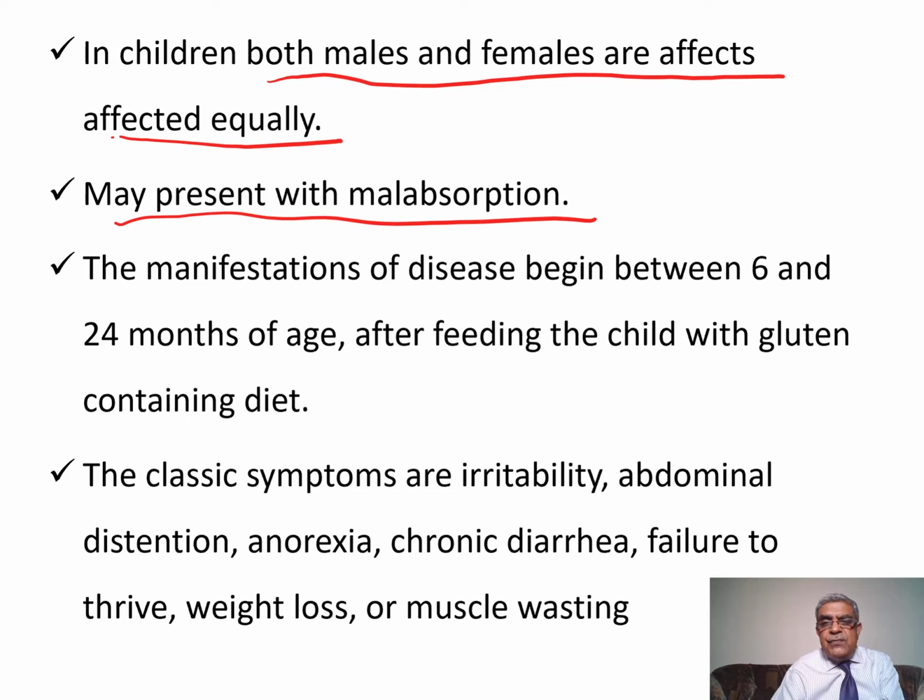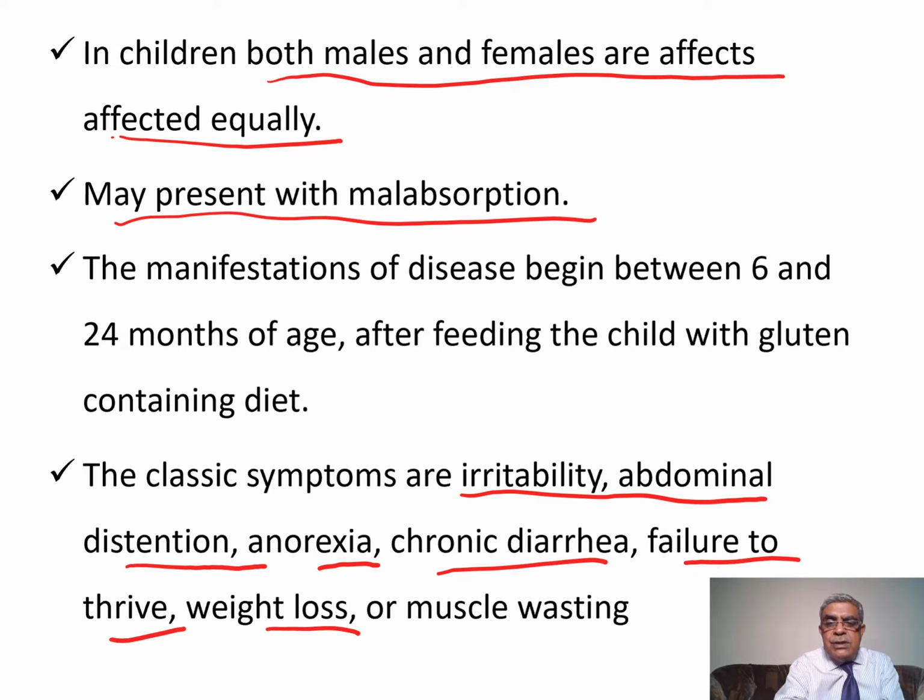The manifestations of disease begin between 6 to 24 months of age after feeding the child with gluten containing diet. The classical symptoms are irritability, abdominal distension, anorexia, chronic diarrhea, failure to thrive, weight loss, and muscle wasting.